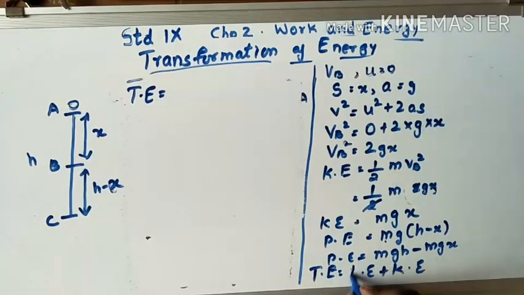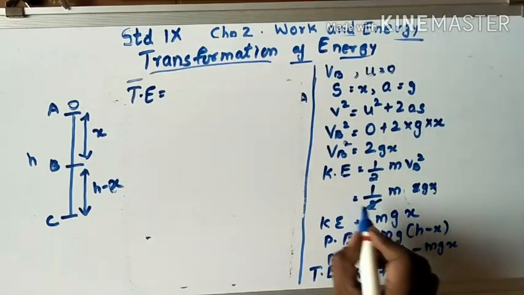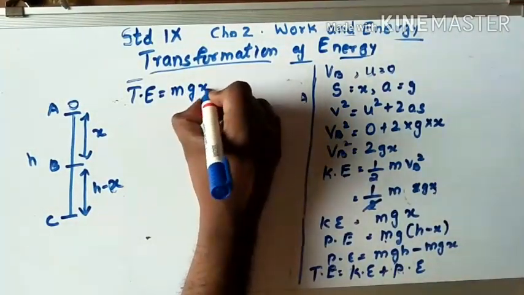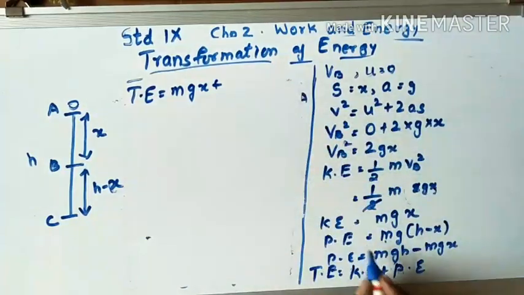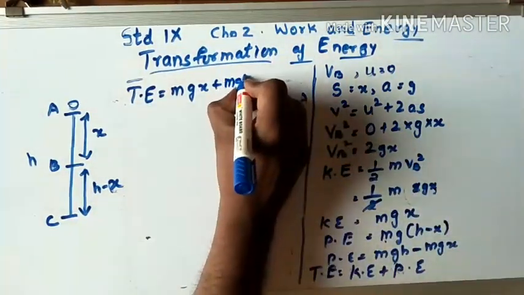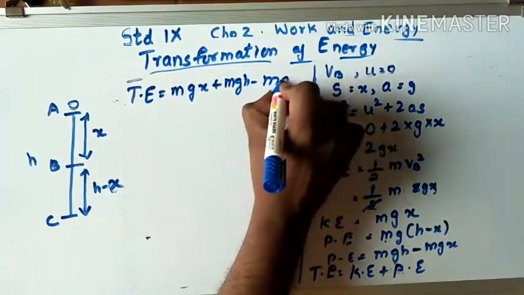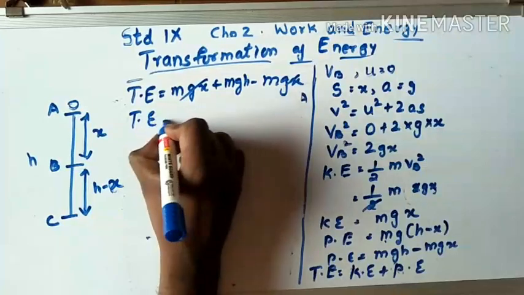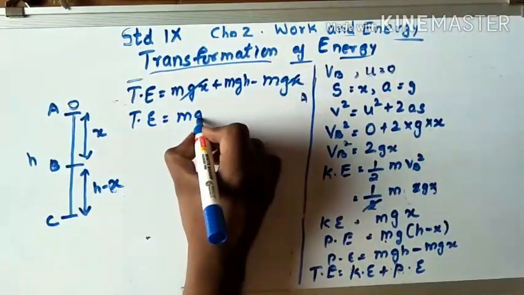Let me write kinetic energy first: mgx, plus your potential energy mgh minus mgx. mgx cancels. Your total energy is equal to mgh.